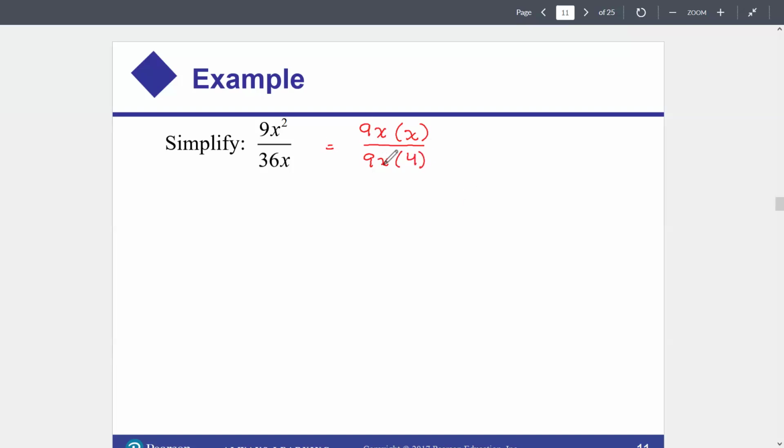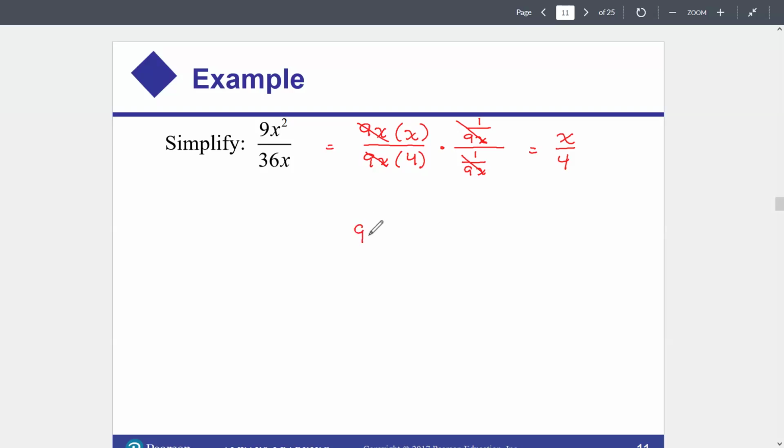But we have this 9x and this 9x. So if I take the top and multiply it by 1 over 9x, and the bottom and multiply it by 1 over 9x, what happens is I'm basically dividing by 9x, and that goes away. This gives me x over 4.